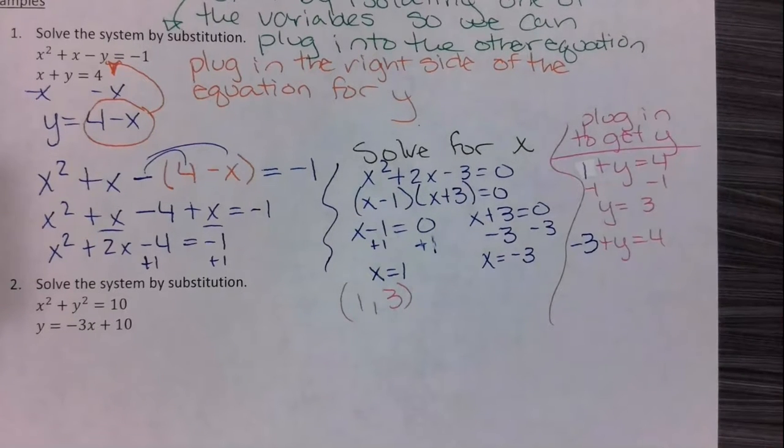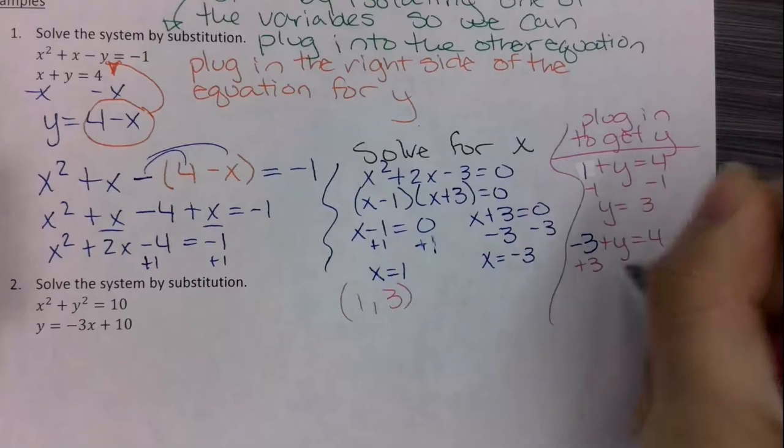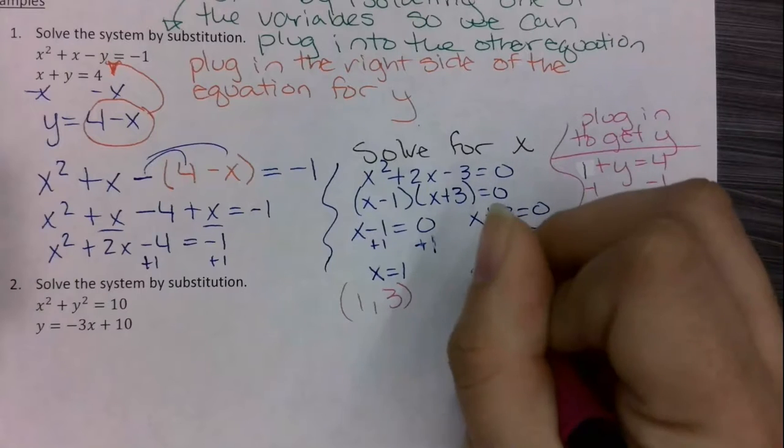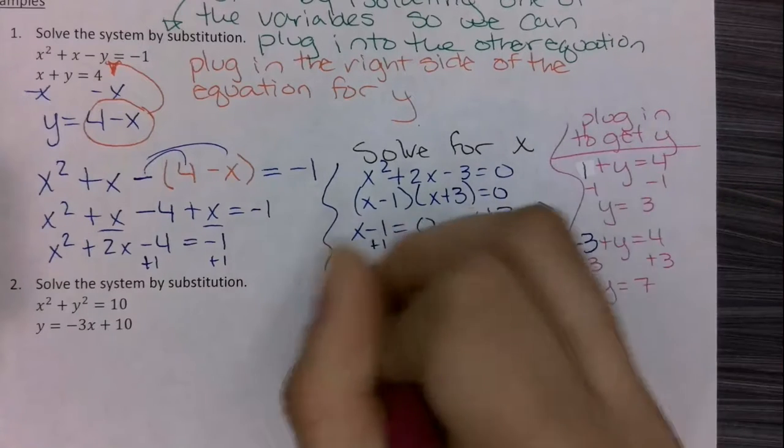I'm going to plug that in, the negative 3, and I want to solve for y there. So then my other answer here is negative 3, 7. So I have two answers here.